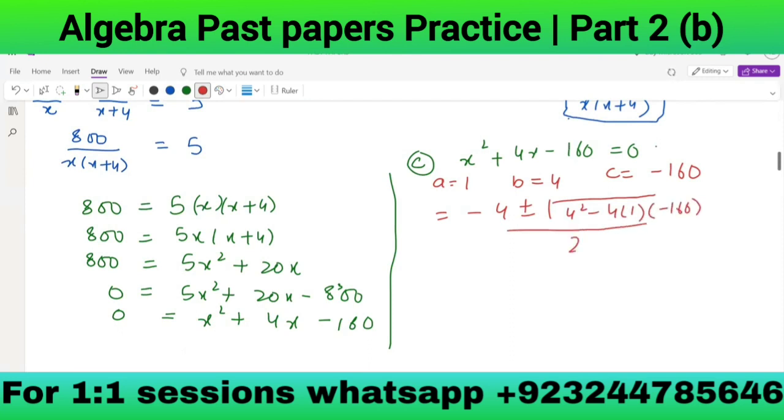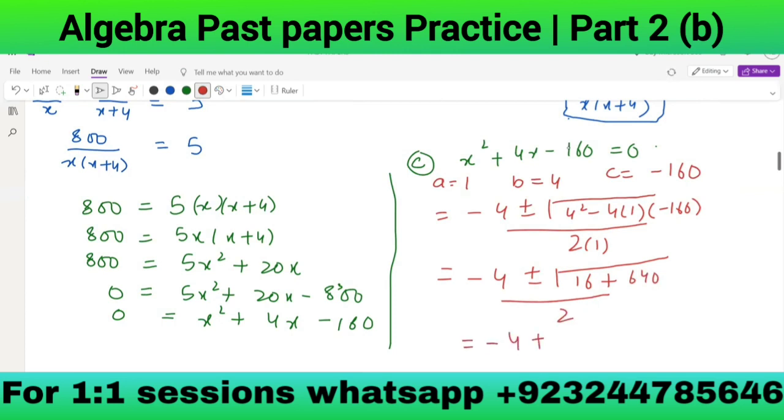divided by 2a. Minus 4 plus minus square root of 16 plus 160 times 4, 640, divided by 2.